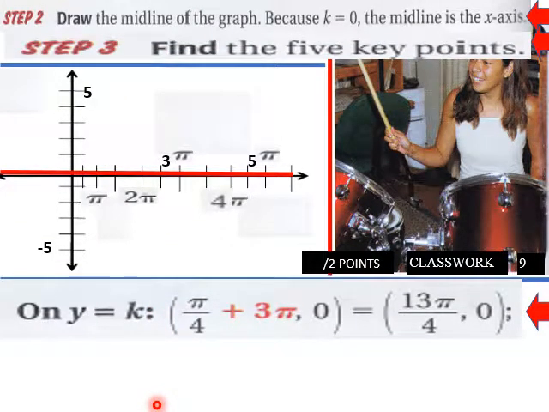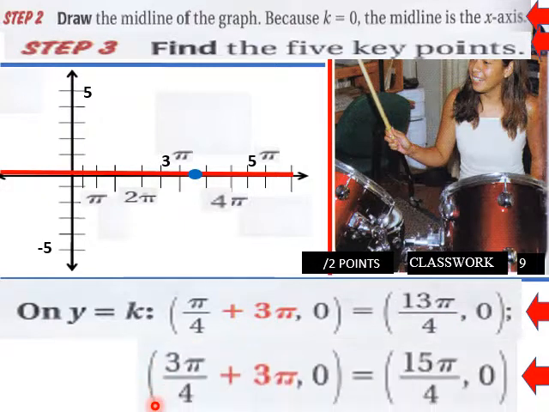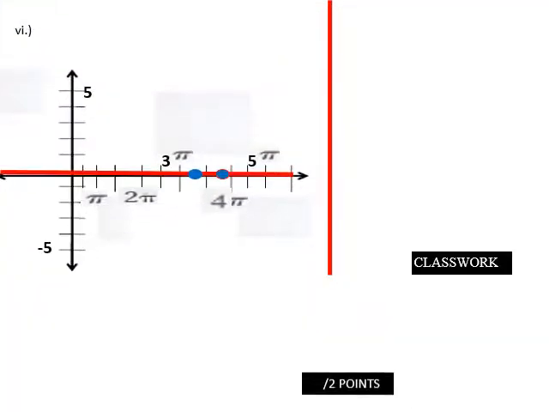So on y equals k, pi over 4 plus 3 pi would equal 13 pi over 4, which is 0. That would be on k. And then 3 pi over 4 plus 3 pi equals 15 pi over 4, and 0 would be there as well.